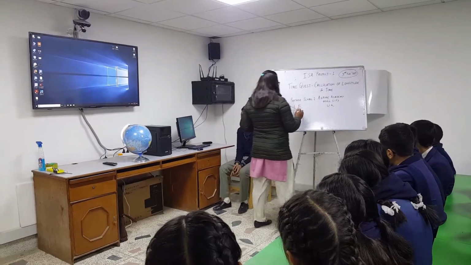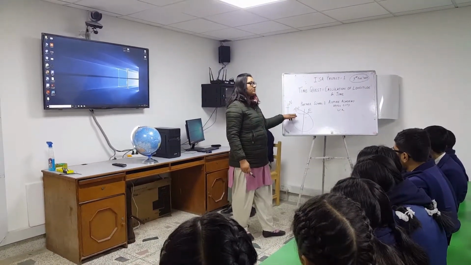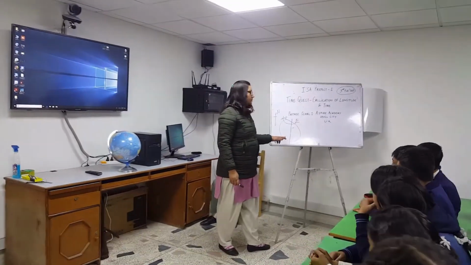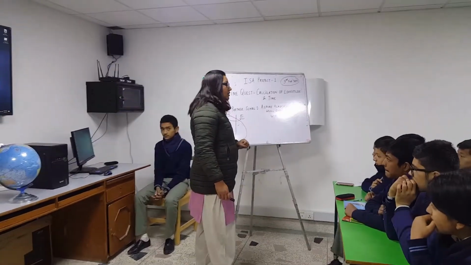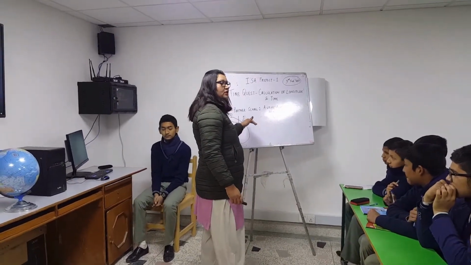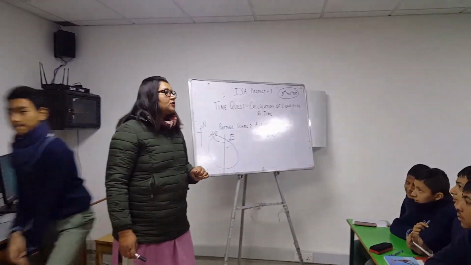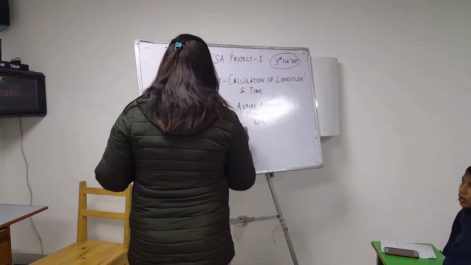This is northern side. So we all know that the vertical imaginary line that is drawn on the earth is longitude, no? So how many longitudes are there altogether? 360. Altogether there are 360 longitudinal lines.